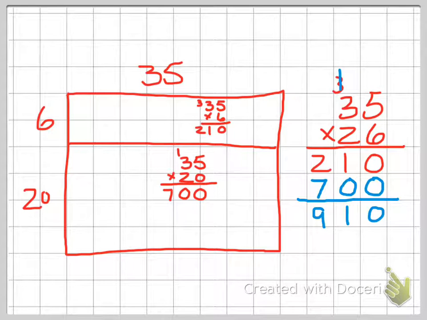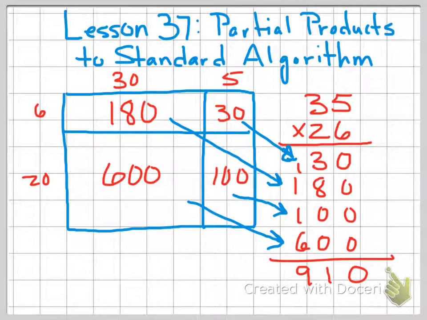and I get 910. And if I go back to my partial products, I see the area of this. If I were to add 180 plus 30, I'd get 210.